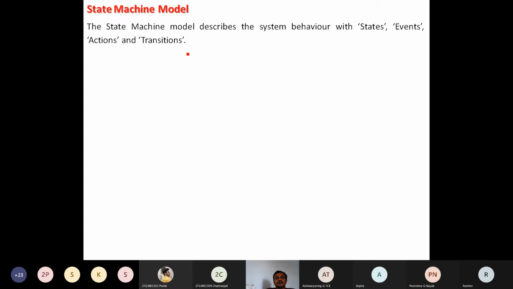There we need to concentrate on each individual system's state, in which state it is, and what the event is. When I click a mouse button, obviously it is an event from the mouse side. So the event has occurred from which device? From the mouse. And in which state is it? The state is whether the mouse button is pressed or not, pressed or holding. There are so many states we observe with respect to a simple button itself.